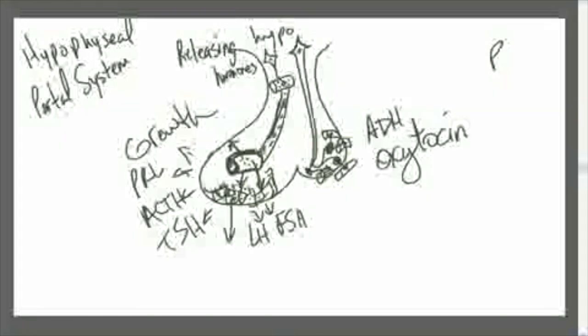I did. All right. The hypophyseal portal system goes from what to what? Hypothalamus to which pituitary? Anterior only, right? Has nothing to do with the posterior pituitary. Anterior only.